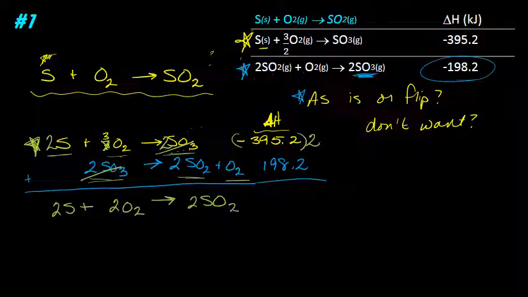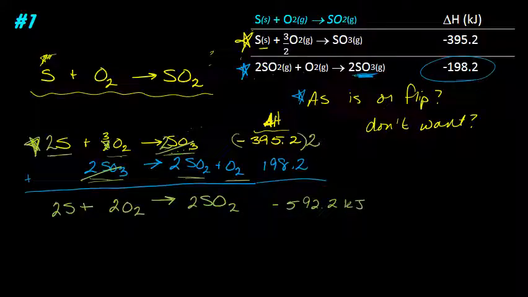2SO2. Now we're going to take out our calculator and we're going to take 2 times 395.2 and then add it to 198.2. And don't forget the negative sign. So that means we end up with negative 592.2 kilojoules.